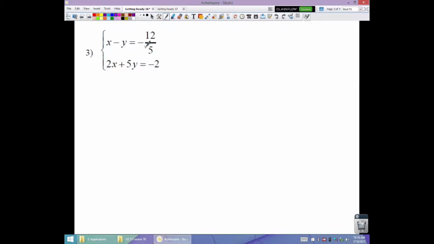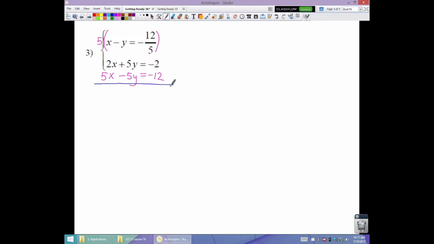And then you accidentally, or just by convenience, it also makes opposites and takes away the fraction in the problem. So if I multiply the top equation here by 5, it turns into 5x minus 5y equals, now 5 times negative 12 over 5 is just the negative 12.